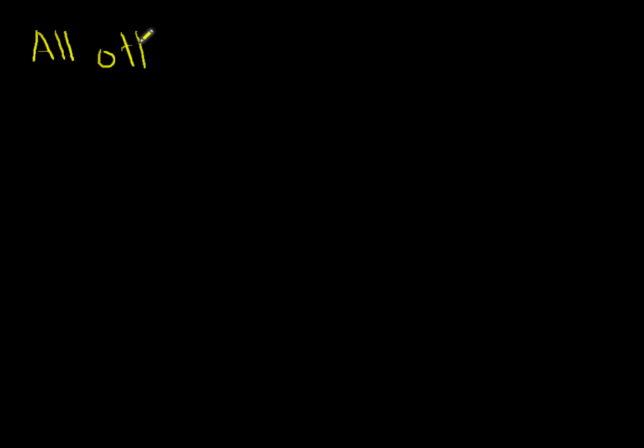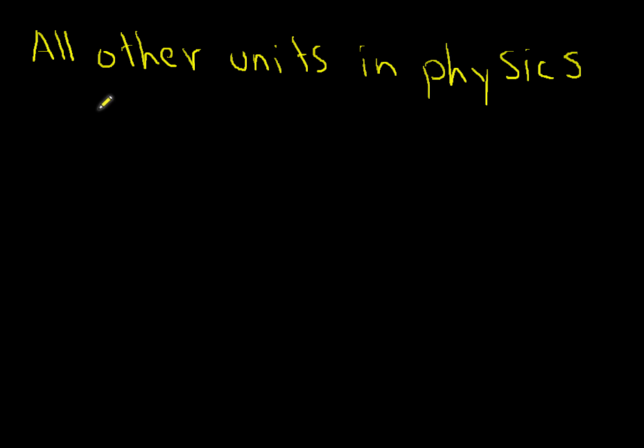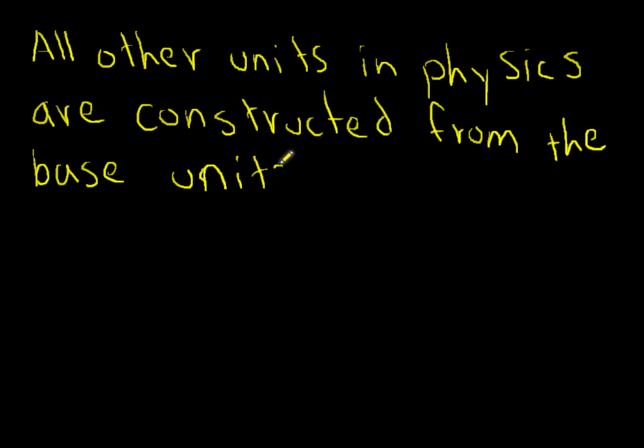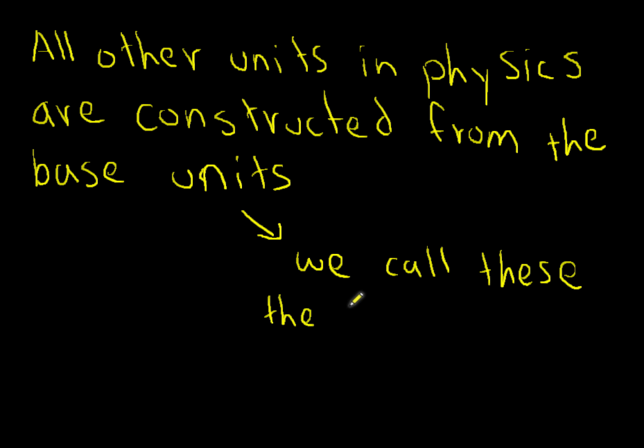All other units in physics are constructed, built like building blocks out of the base units. We call these constructed units the derived units. Most units you'll work with in physics are actually derived units, even though it may not seem like it.